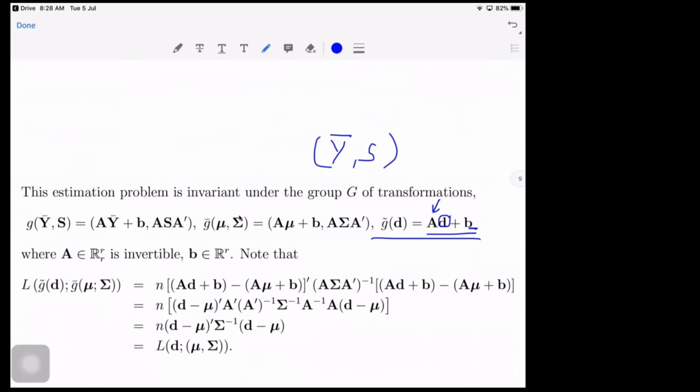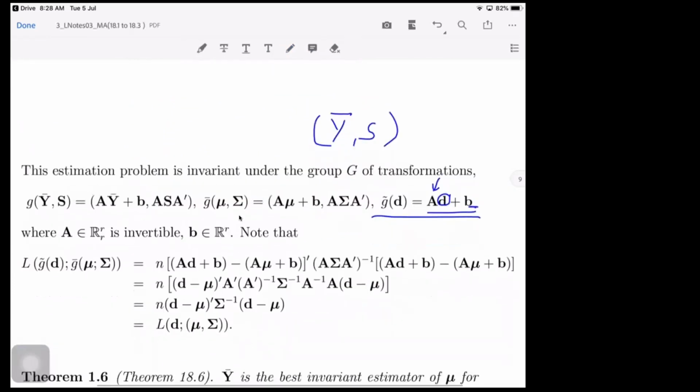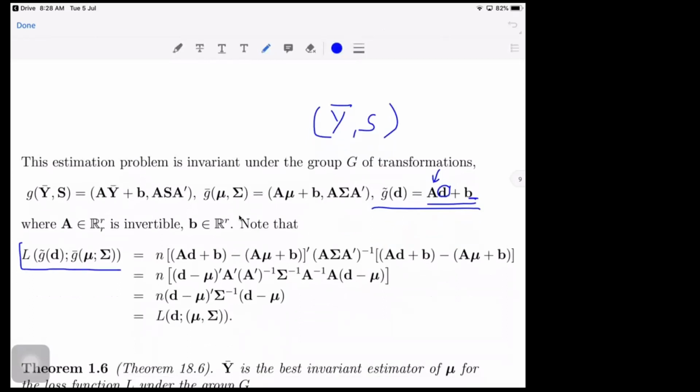So we say that this estimation problem is invariant under this group of transformations if the loss function related to that transformation will still be equal to the original Mahalanobis loss function.